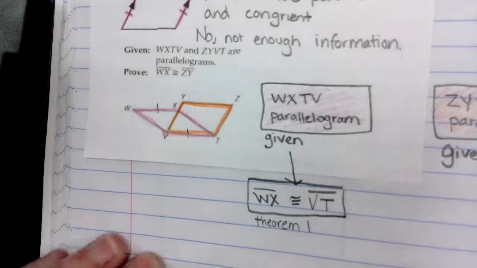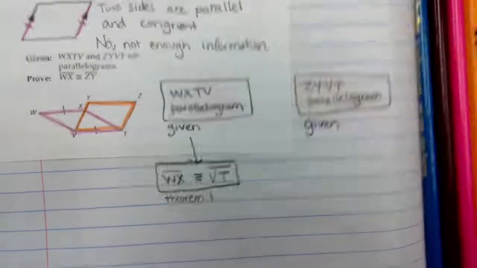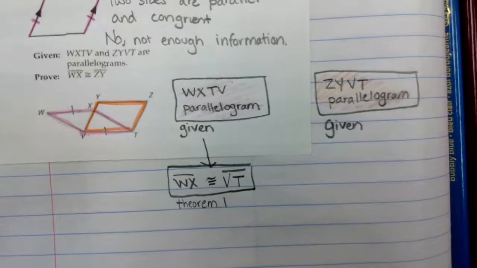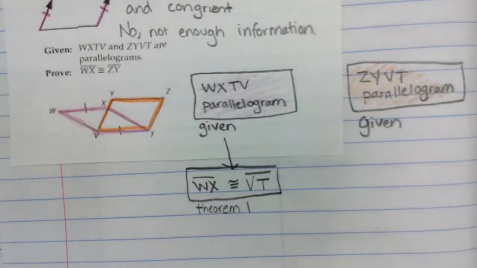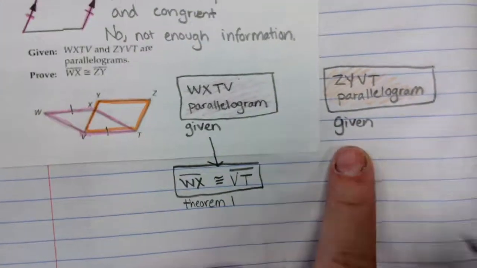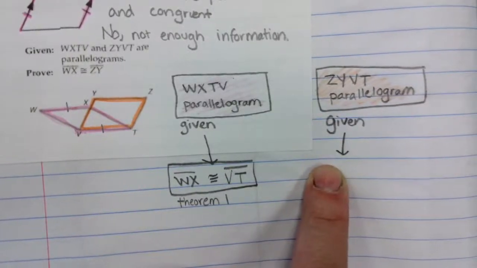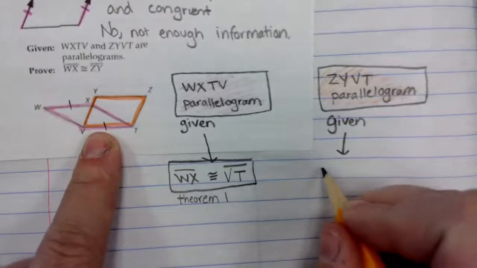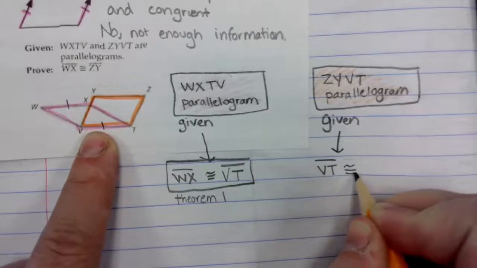But what's kind of goofy about this pink and orange parallelogram? What do you notice is different about this compared to like two parallelograms? What's the same about them? They share VT. So if I go to this orange parallelogram and I want to make a statement about VT, but now I'm looking at just the orange one, what's the side across from VT in the orange parallelogram?